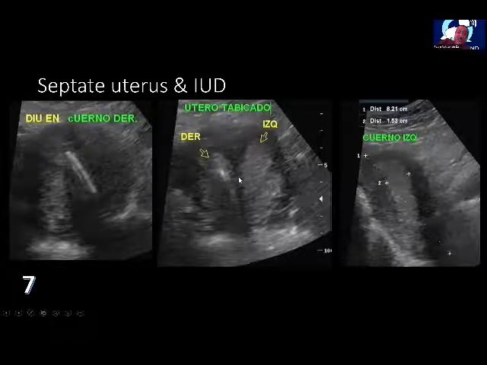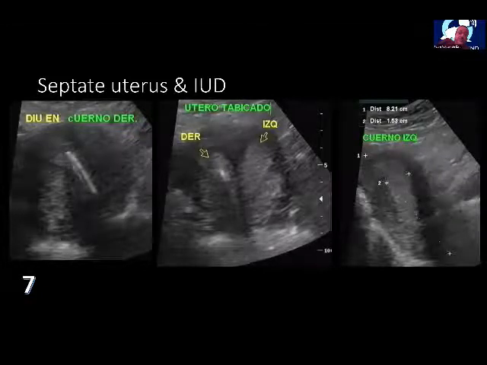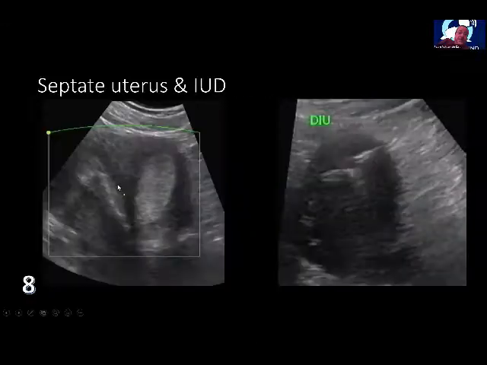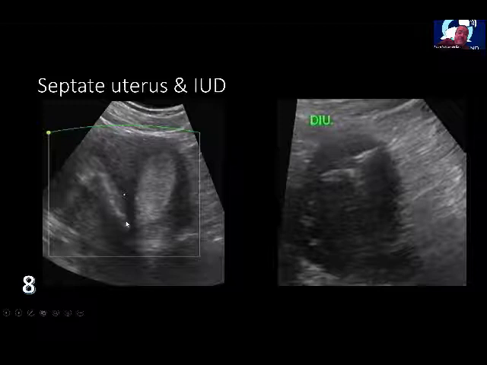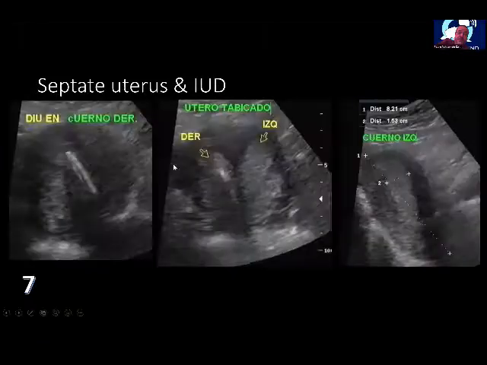As you can assume, the IUD was put in place without knowing what kind of uterus they were dealing with. Meaning the use of the IUD or the effectivity of the IUD is compromised because of the shape of the uterus.